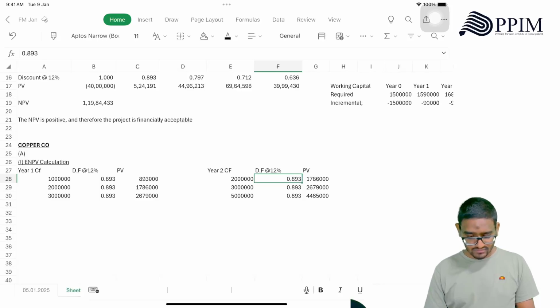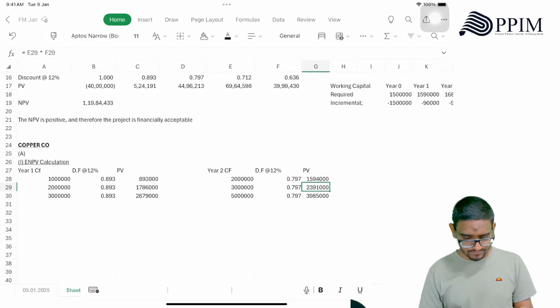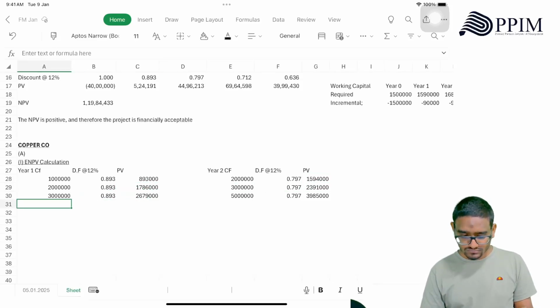And this is 0.797. So you should get those present values. And this is what you did.